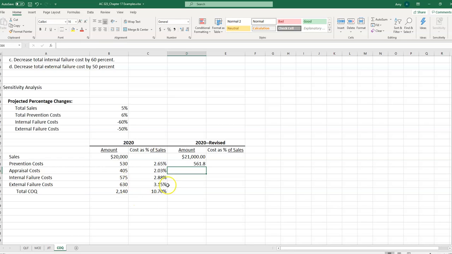And then we predict there would be no change to our appraisal costs, but our internal and external failure costs would be reduced.